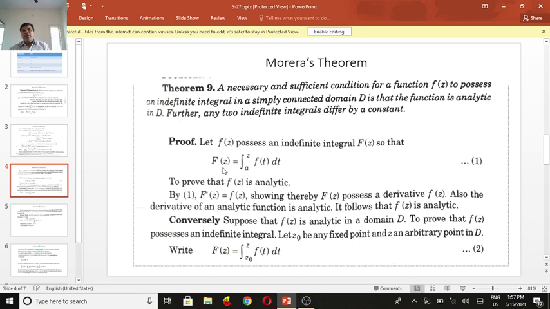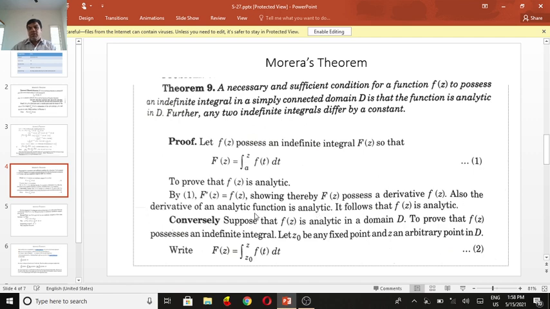To prove that F of z is analytic, we use the derivative of F of z equal to f of z, showing that F of z possesses a derivative.